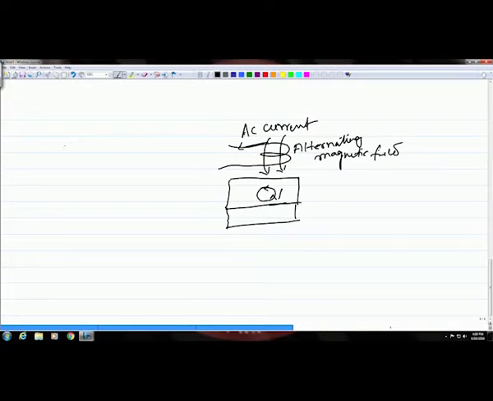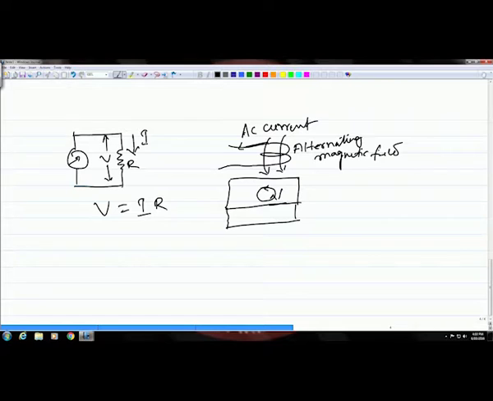So, Ohm's law we all know, if you are sending a current I through a resistor R, then the voltage across it will be V equals to I R.